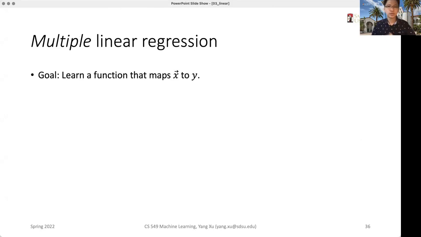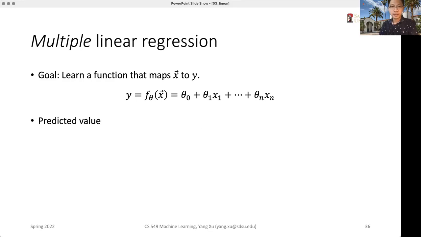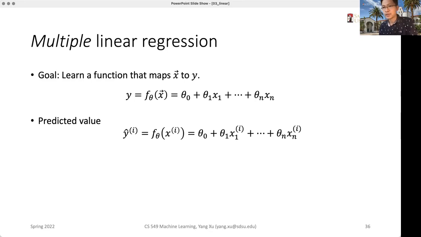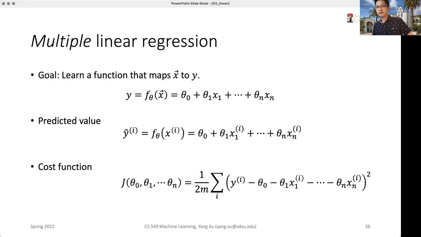It's just an extension of the simple linear regression case. We have longer linear functions, and the predicted value would be theta 0 plus theta 1 times x1, and so on, until theta n times xn, right? And the cost function will also be defined in the same style, which is the summation of the squares of distances.